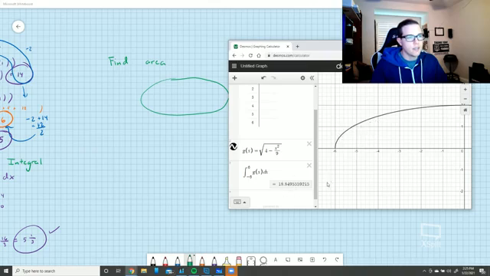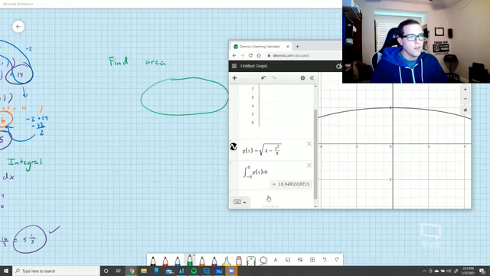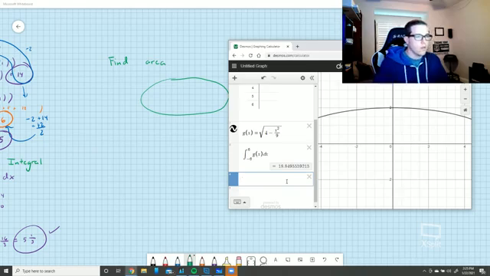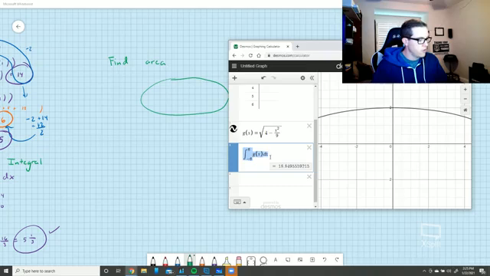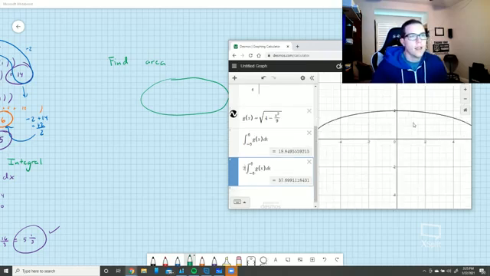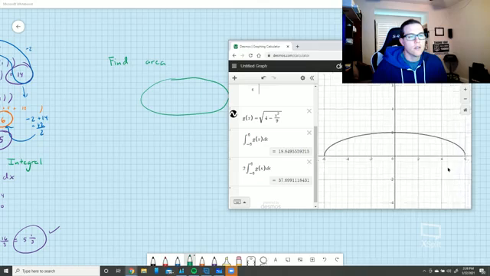Yeah, it looks like 9 is about valid. And then just times 2. So this answer, check this out. Control C, Control V times 2. Fancy. That gives me the area of this oval.